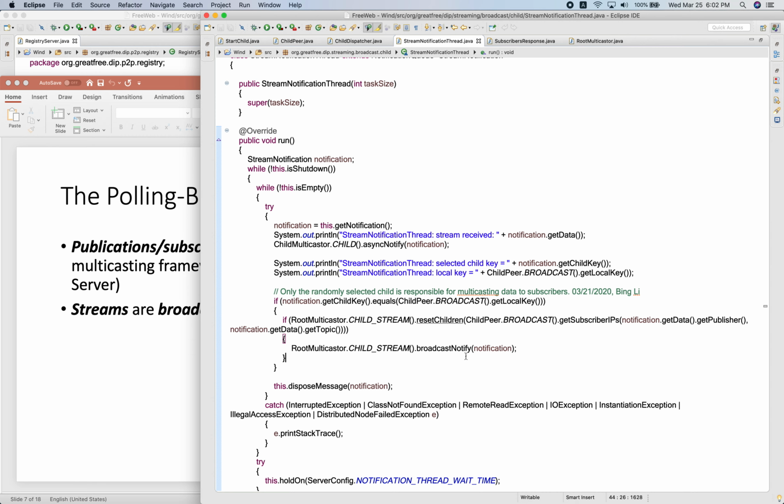The advantage is that the local nodes, the children, are not required to keep the registry information. It saves a lot of storage and computer resources.